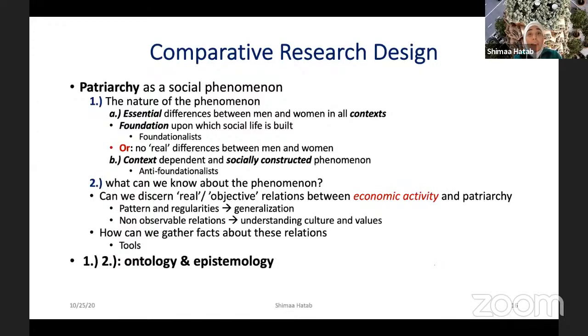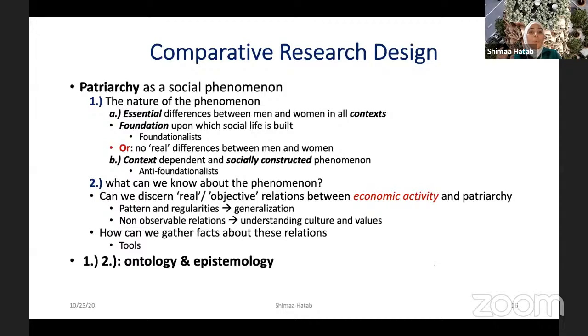So if you believe you can identify real and objective relationships, for example, between patriarchy and economic activities, like in industrial societies or oil-based economies that don't develop a wide or extensive industrial basis, so you have too many housewives who are not integrated into the job market.